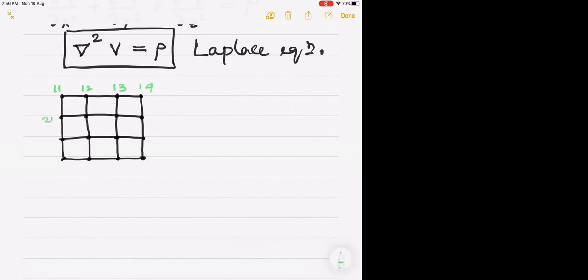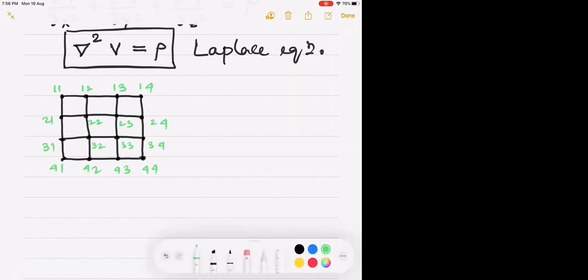This would be 2 1, 2 2, 2 3, 2 4, 3 1, 3 2, 3 3, 3 4, 4 1, 4 2, 4 3, 4 4. Let us keep them this way, and then we try and derive the equations.